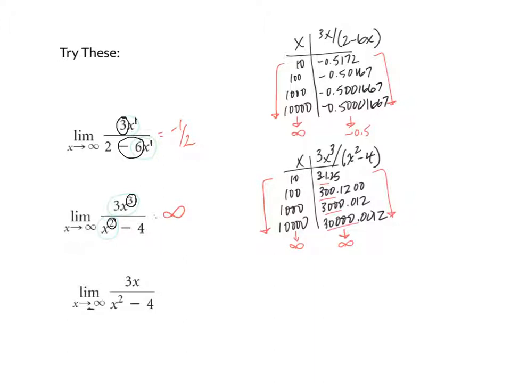So every time we make a jump from 10 to 100, we're actually going by 10 cubed versus 10 squared, right? And then from 100 cubed and 100 squared. So this is by a factor of 1 more, right? So the numerator is growing faster than the denominator is. And we can see that in the results in the table, right? So every time the numerator grows, it grows faster than the denominator does, and therefore the fraction overall gets larger and larger, and we see that represented in the output in the table.